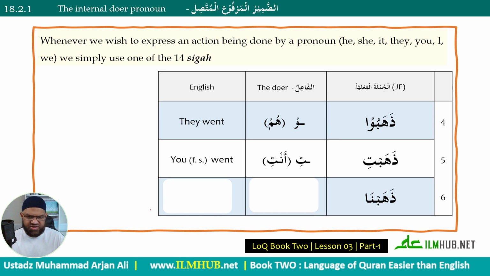And again, you can see why if we want to express in English the full details, we need a lot more information. Dhahabna, and again, this one should be easy, represents na, equivalent to nahnu. The doer is na. What is that? We went.